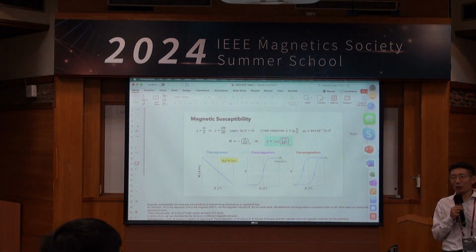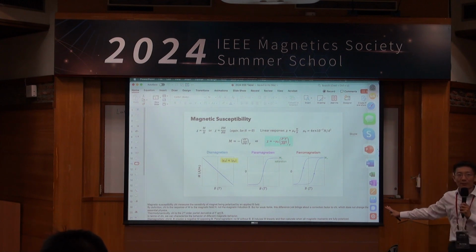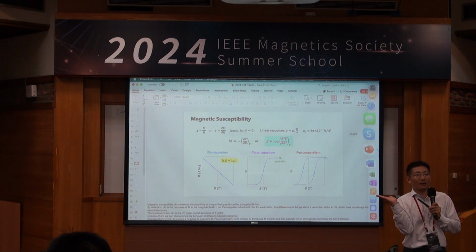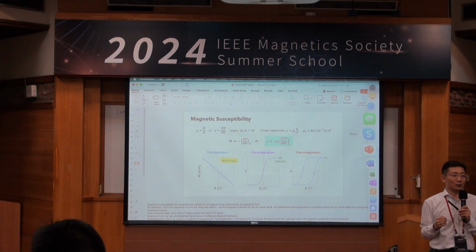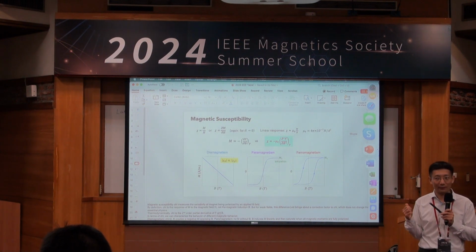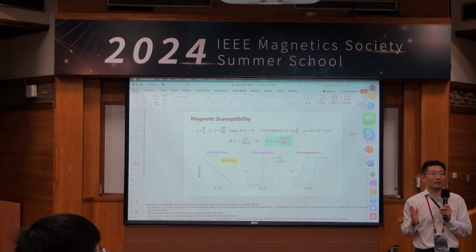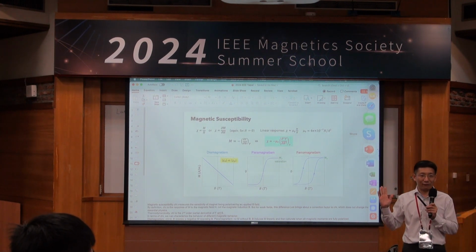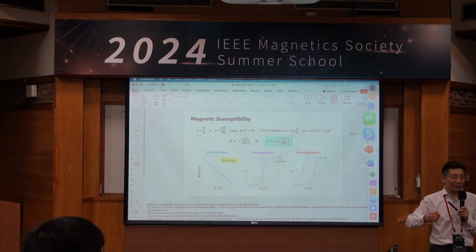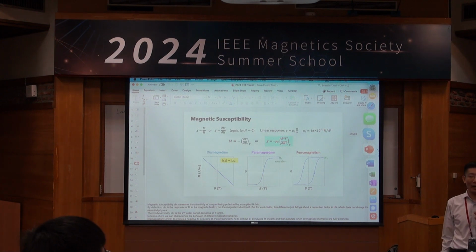The short answer is that for an antiferromagnet, the susceptibility is highly anisotropic. It highly depends on which direction you apply the magnetic field. For example, if you apply the magnetic field perpendicular to the Néel vector, then the system behaves more or less like a paramagnet. But if you apply the B field along the Néel vector, then the system will still be paramagnetic, but it has a much weaker susceptibility.